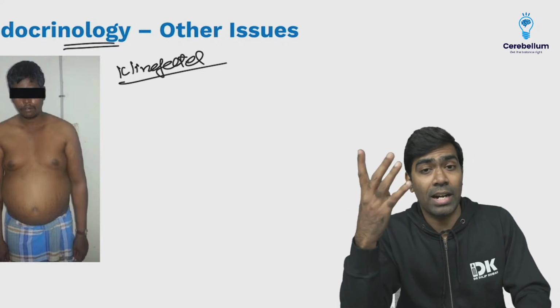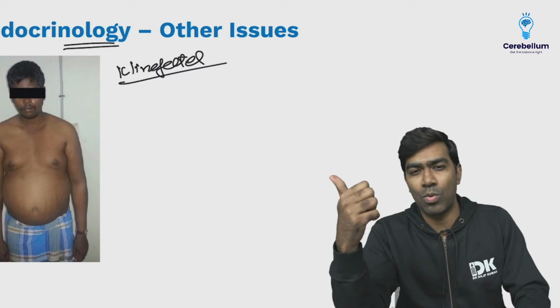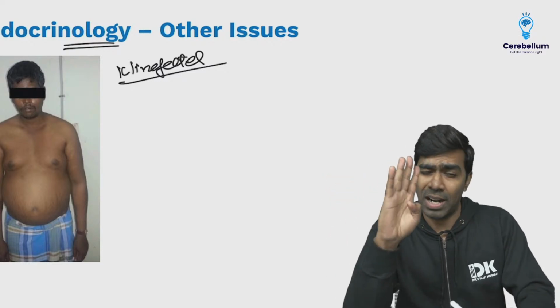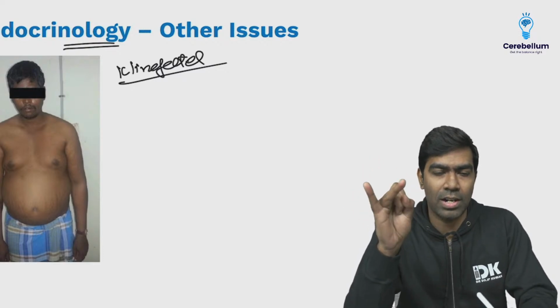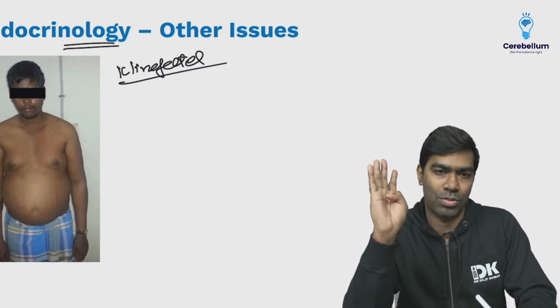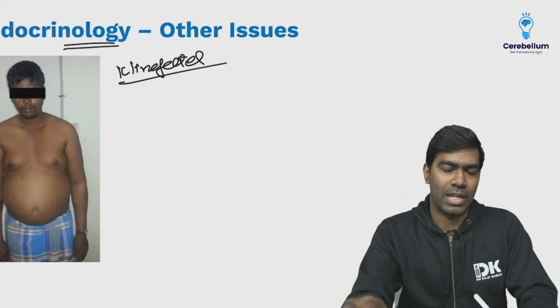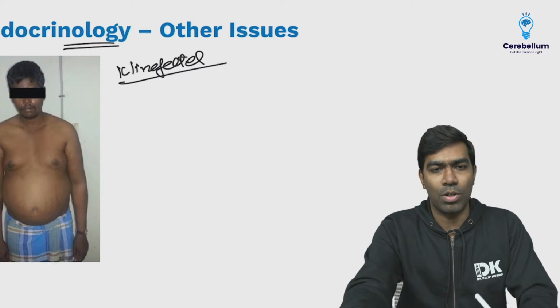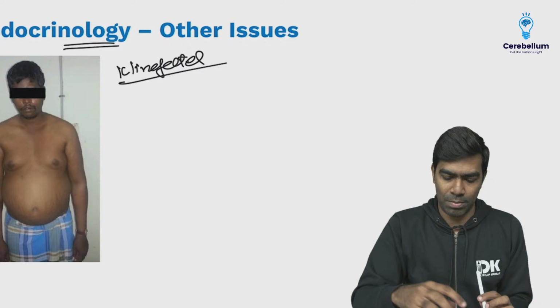And fourth is Ehlers-Danlos syndrome. If you have time, you can also remember Down syndrome and Noonan syndrome. But these four syndromes are extremely important.